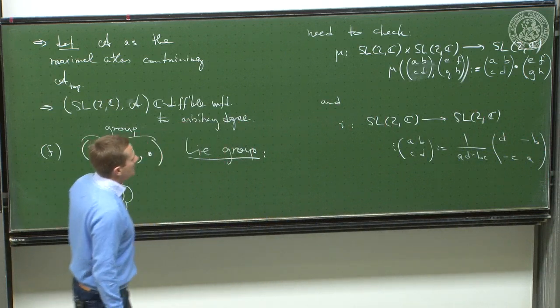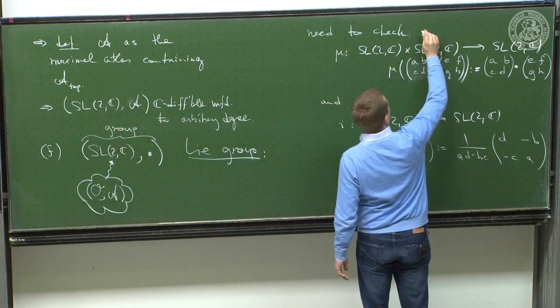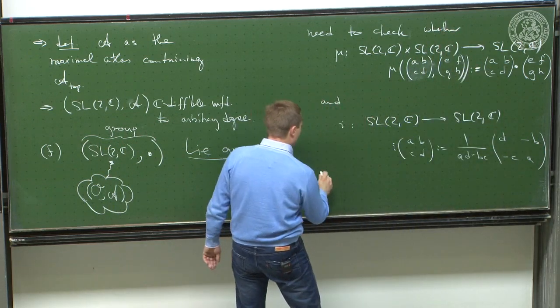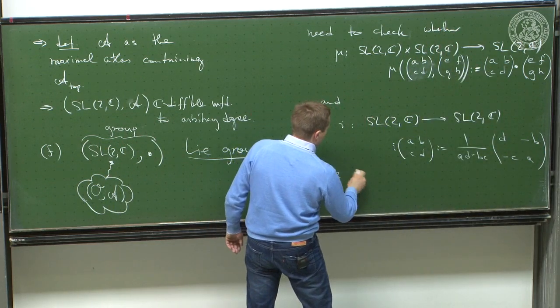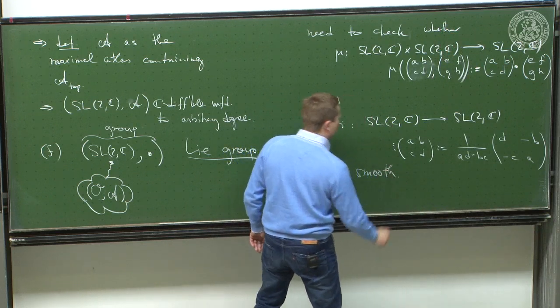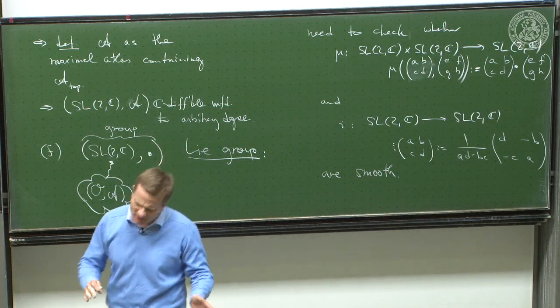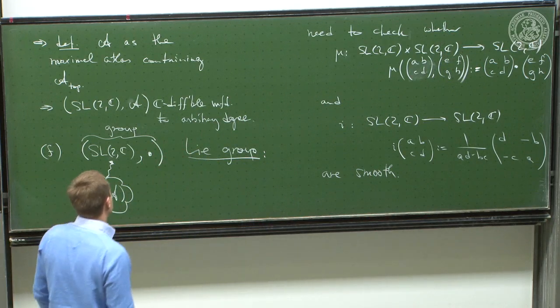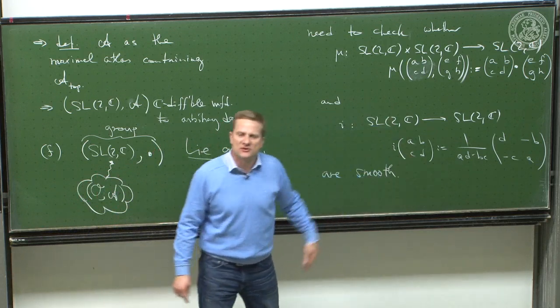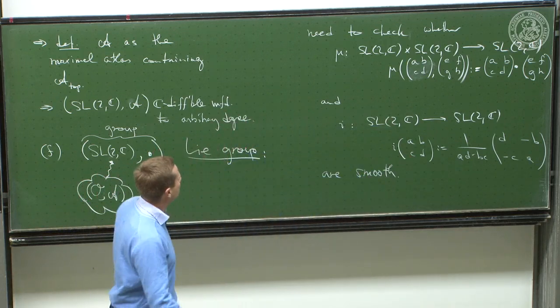We need to check whether this map and this map are smooth. You see, I'm not very careful here with how often it's differentiable, and in the complex numbers it's anyway a very strong thing, even if it's once differentiable. So anyway, we check differentiability to the desired degree, okay?